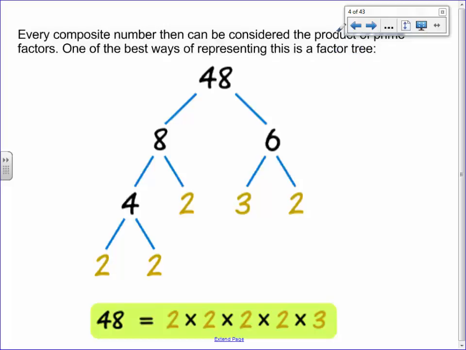So 48, for example, we break down into 6 and 8. We can break the 4 down into 2 and 2, and the 6 down into 3 and 2. So our factors are 2, 2, 2, 3, and 2. So we have a 2 and a 3 as prime factors. And when we multiply all of those prime factors together, you will always get the number you started with.